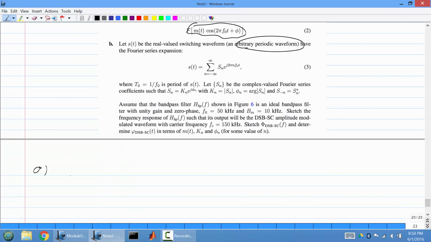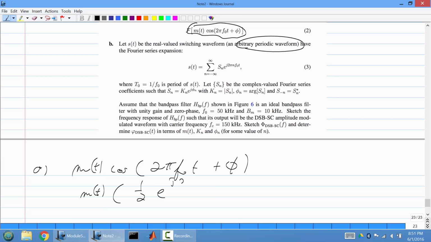Well, m of t cosine 2 pi f naught t plus phi. You can break this up into a sum of two exponentials. So this becomes m of t times 1/2 e to the j 2 pi f naught t, e to the j phi, plus e to the minus j 2 pi f naught t, e to the minus j phi.